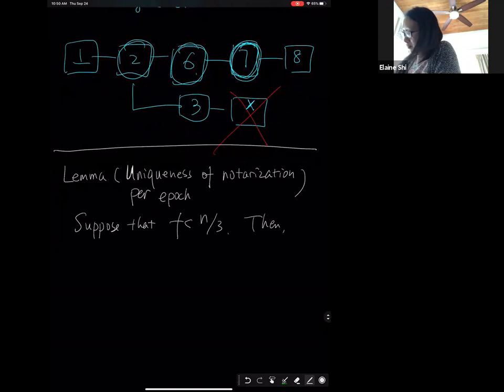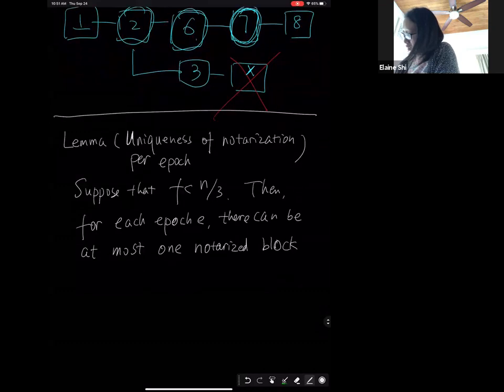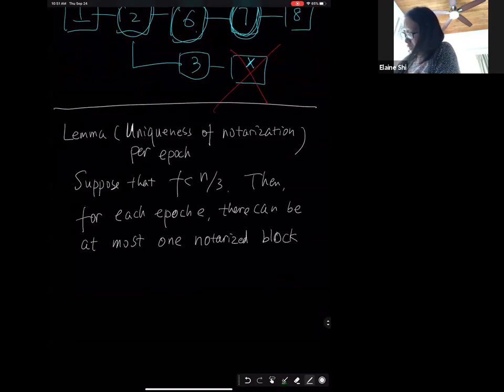Then for each epoch E, there can be at most one notarized block of epoch E in honest view.